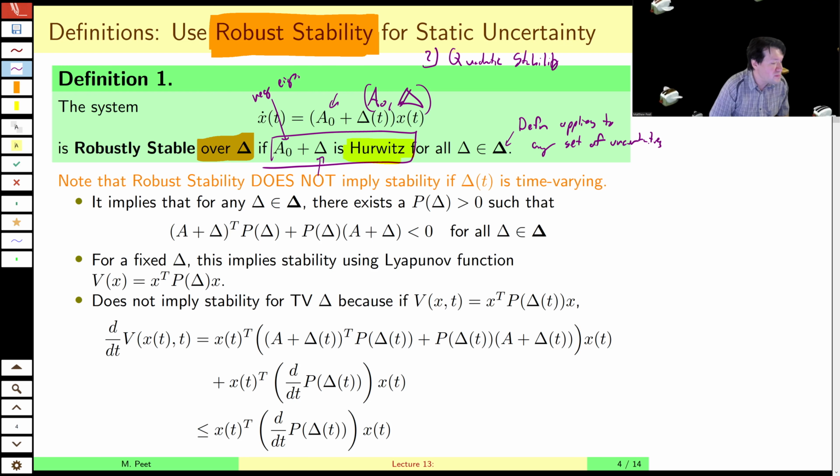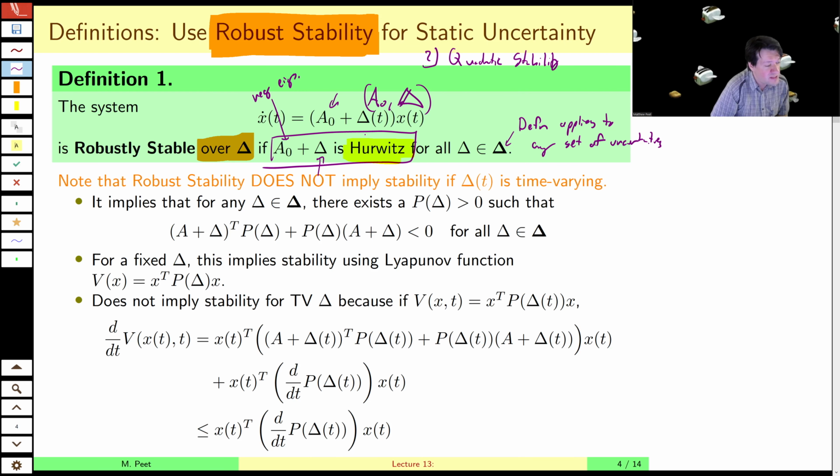So that's important because, what do the eigenvalues tell us about a system? Well, they can tell us something. For example, if the system is not time varying, and the system definition is just A naught plus delta, then if A plus delta is Hurwitz, the eigenvalues are negative.